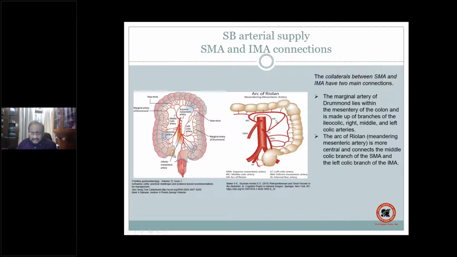So it is more central, and connects the middle colic branch of the superior mesenteric and the left colic branch of the inferior mesenteric artery. So these are the two anastomoses which are basically working to connect the superior mesenteric and the inferior mesenteric through the middle colic branch and the left colic branch.